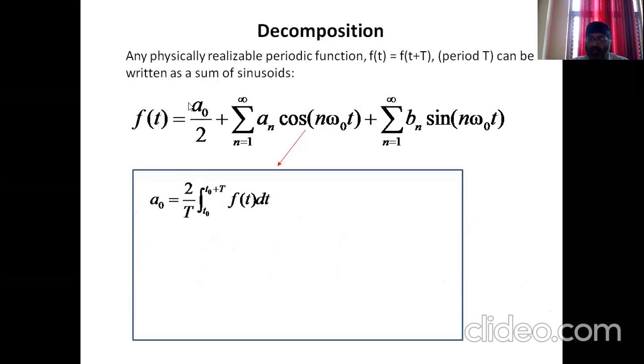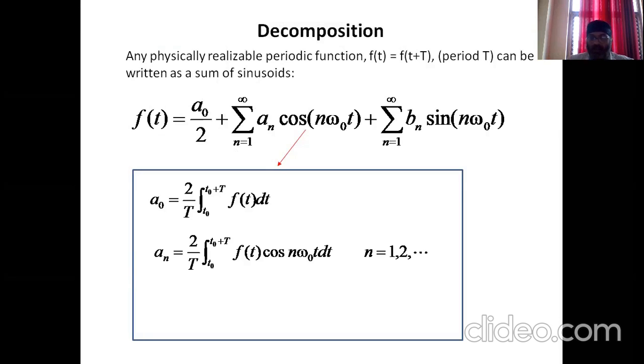So this signal f(t), which was this one, can easily be represented like this. This is the fundamental component, and these are the cosine components and sinusoidal components. So using Fourier series, we can decompose f(t), which was shown in the previous slide. We can break this signal into a set of sinusoidal and cosinusoidal components.